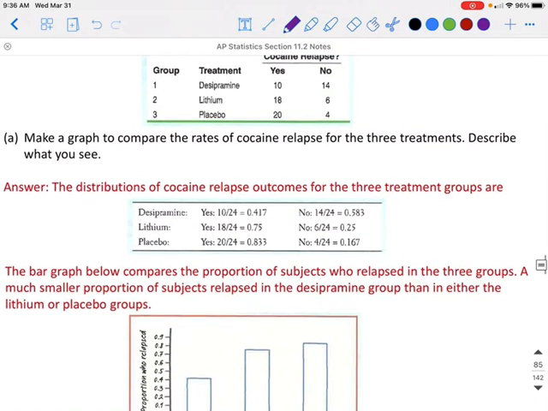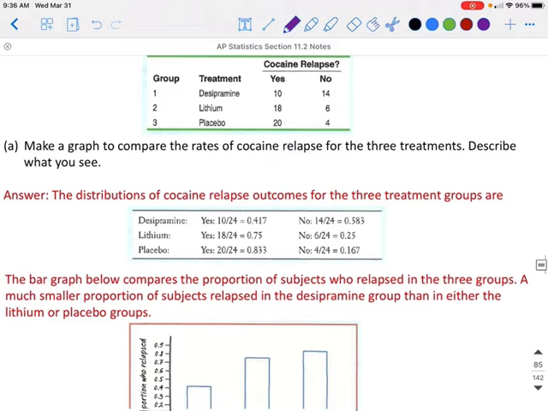So if we look at this, we are going to look at how many of them relapsed and how many of them did not relapse for each individual type of drug. So for the first type of drug, there were 24 patients, 10 of them relapsed and 14 of them did not.